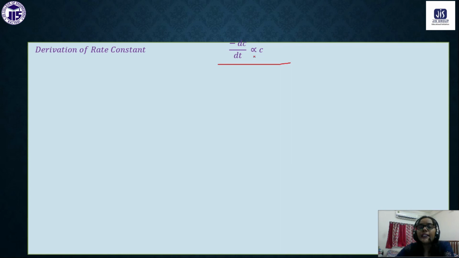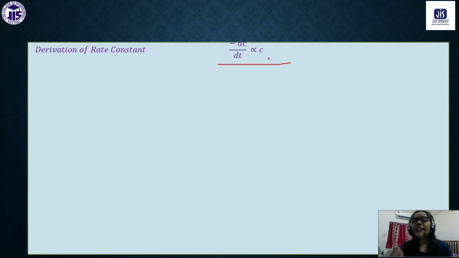Now we will derive the rate constant of the BOD reaction. So look here. I have written dC by dt is proportional to C. Now the question is, minus dC by dt is proportional to C. Now I will tell you why it is minus.